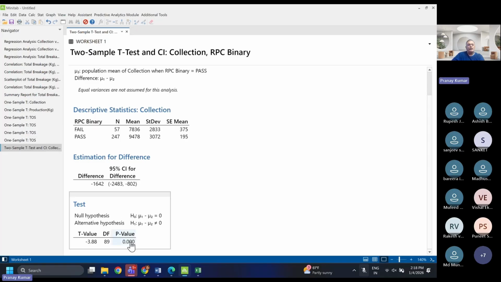P value is coming at 0. Null will say mean of both groups are same. Alternate will say mean of both groups are different. What did you get? Mean of both groups are different.